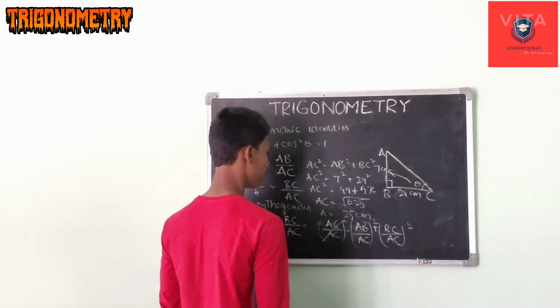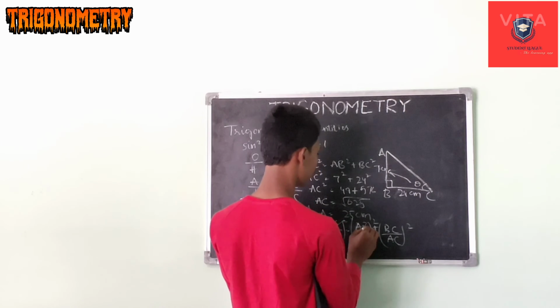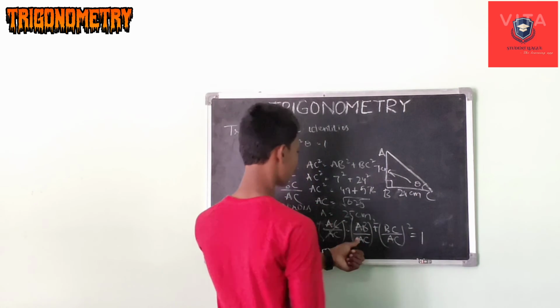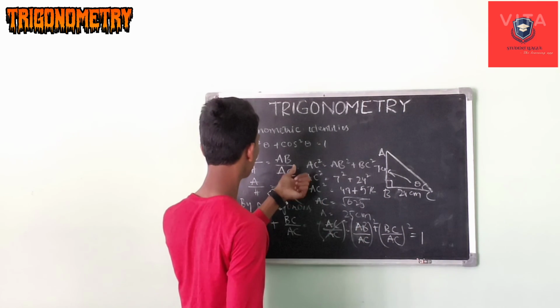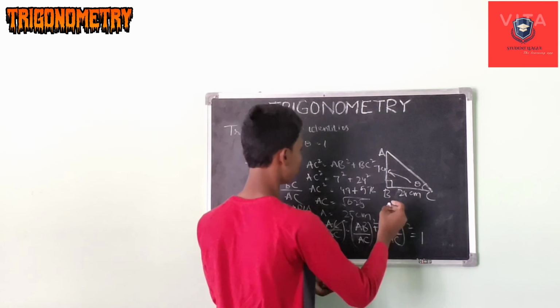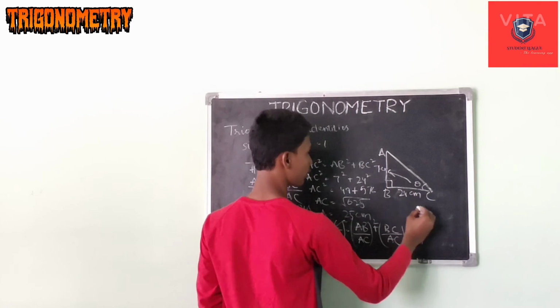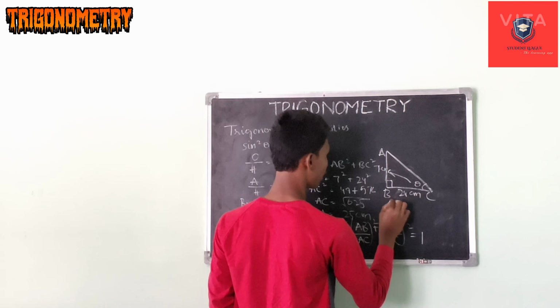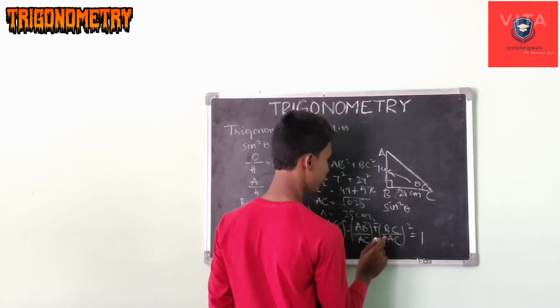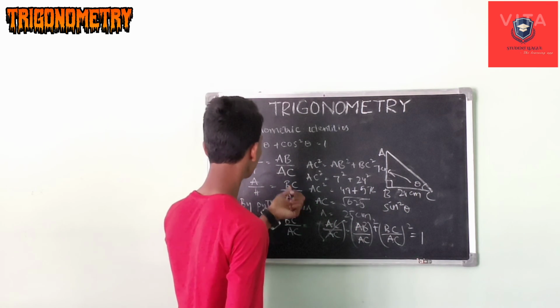Here AC square by AC square cancels, it is 1. So sin square theta plus cos square theta is equal to 1.